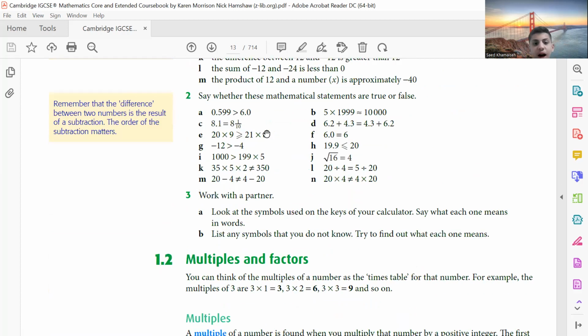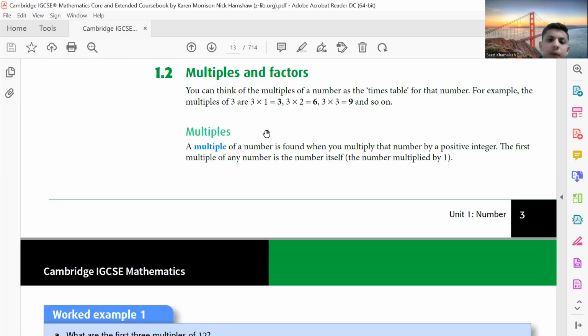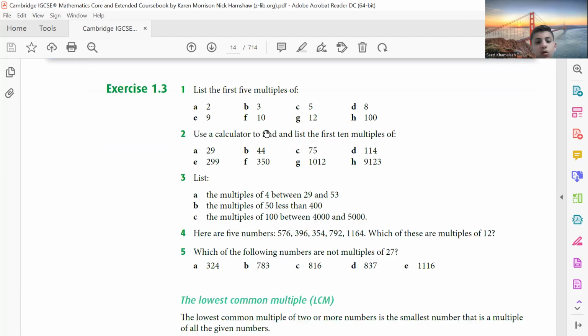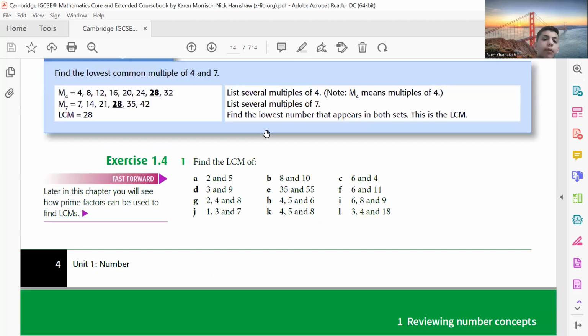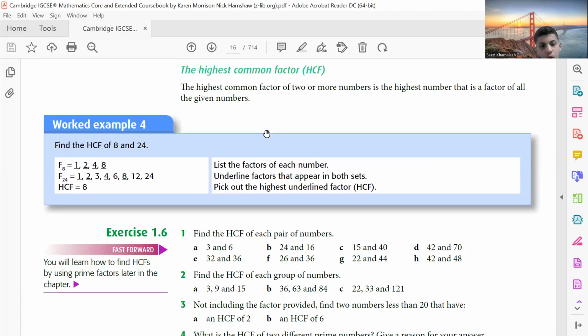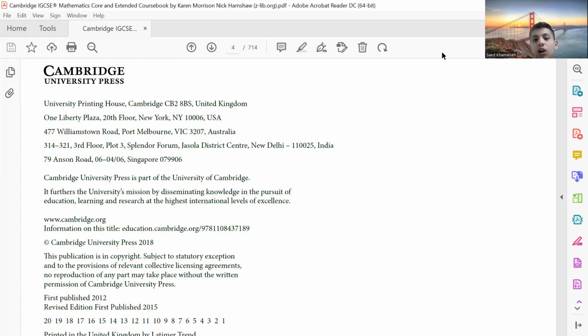We start multiplying factors by multiples, then we know the meaning of multiple. We list, we do, then we know the lowest common multiple and the highest, the factors, everything we try to know.